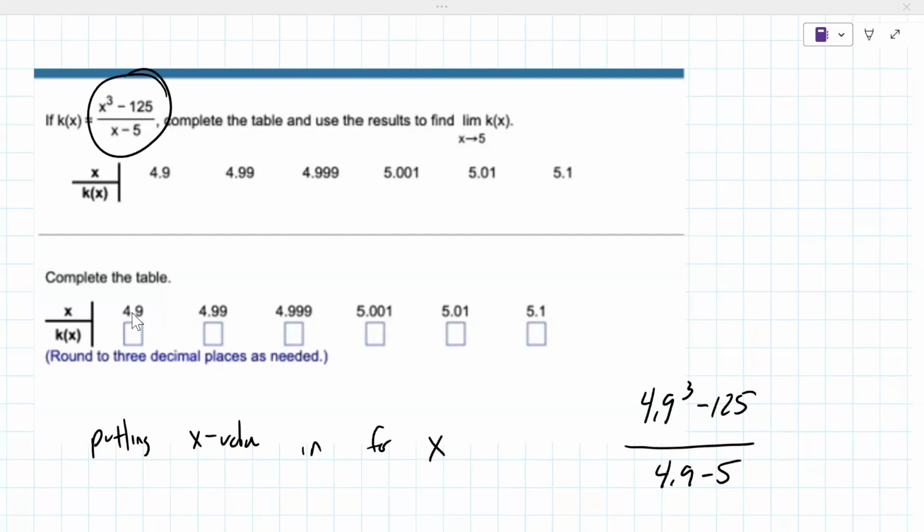So the first one here, 73.51. And it's just a 3 decimal place. The next one here, I'm going to put at the top, 74.850. Then 74.985.